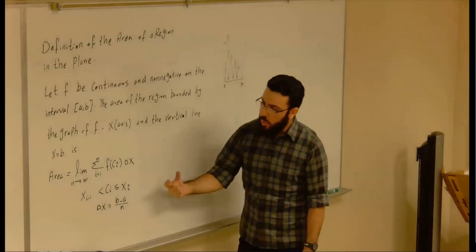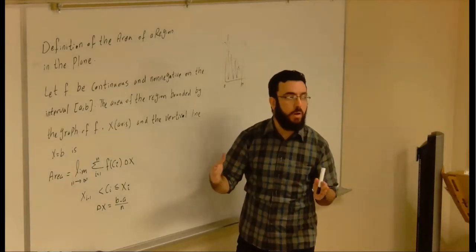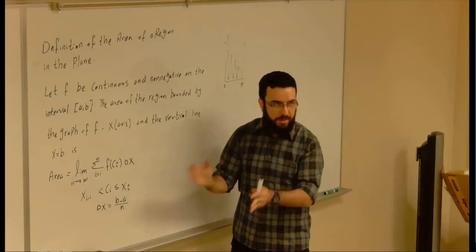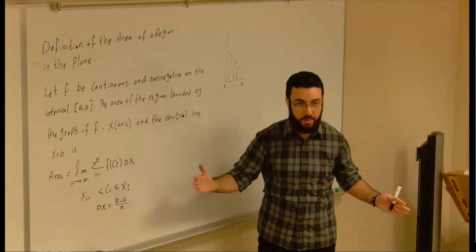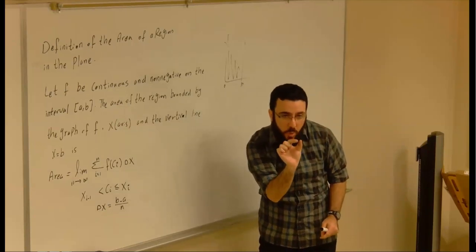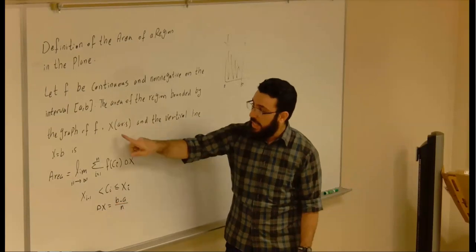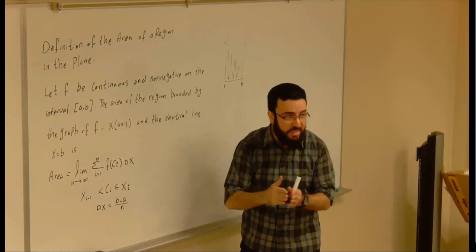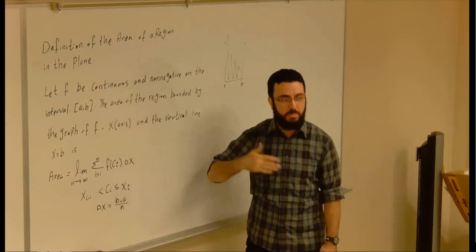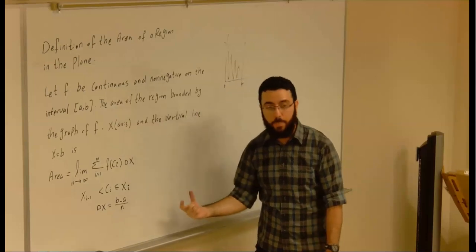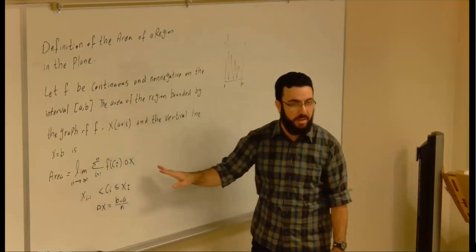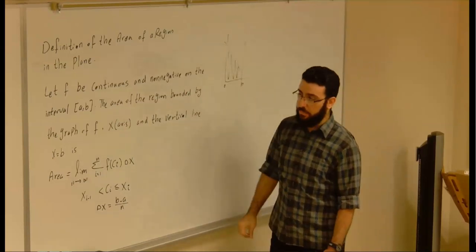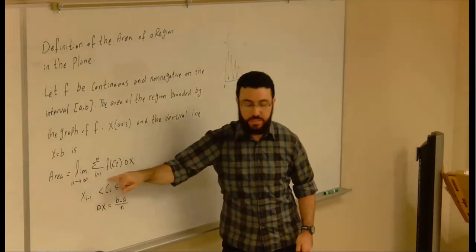Every time you maximize the number of rectangles, instead of finding 5 rectangles, you're going to do 100 rectangles, but the distance is going to be super small, because you're going to say b minus a divided by 100. That means you're going to get a lot of rectangles. Every time you keep increasing the number of rectangles, you approach the exact area between the x-axis and the curve of the function f. So that's why we take the limit and the sum at the same time.